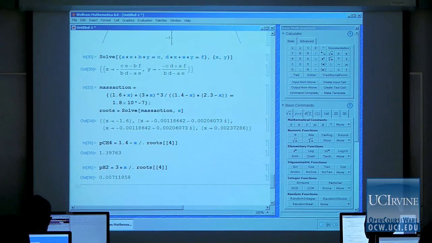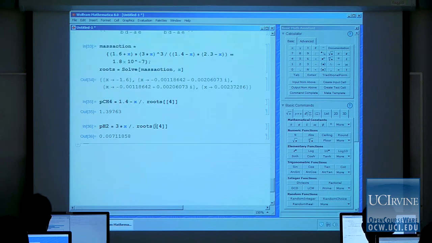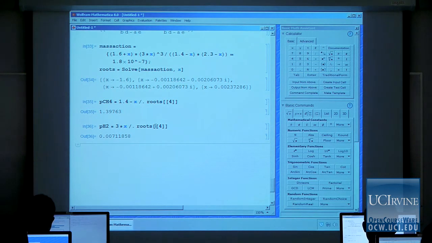All right, so there's the pressure of H2 at equilibrium. All right, so this example I hope is useful because, first of all, it shows you how to set up an equilibrium problem, solve it, and then how to actually pull out the roots in a way that you can use them.